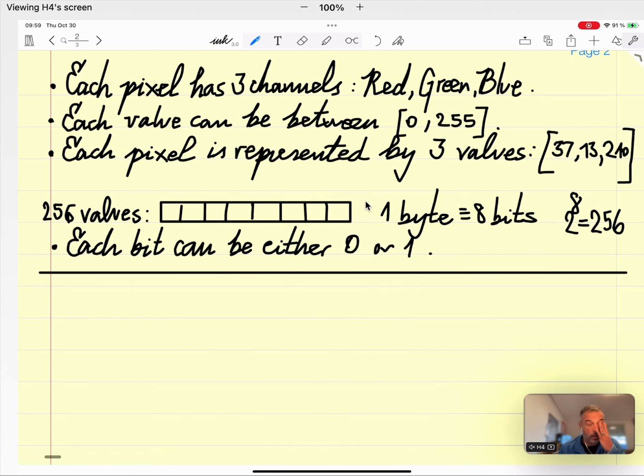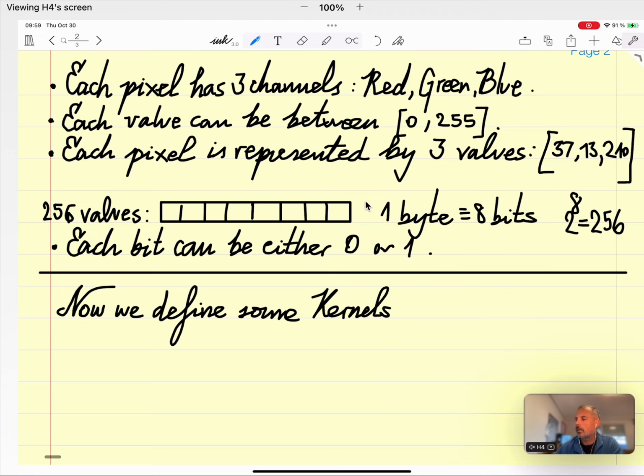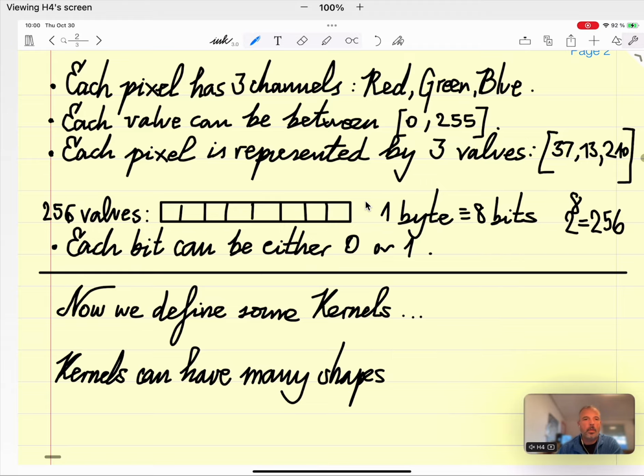Now we define some kernels. Kernels can have many shapes and sizes.